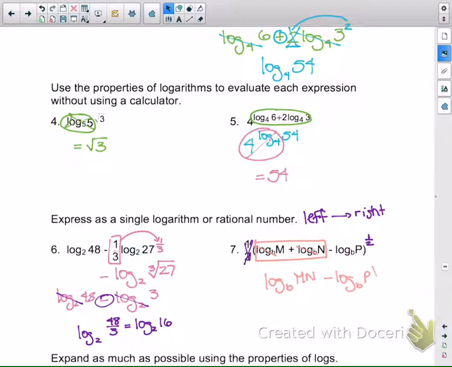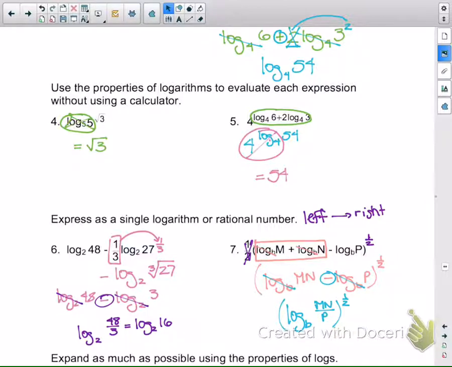And now we're going to keep going left to right. So now what sign is between these two logs? A subtraction. So when I condense this to 1 log base b, what do I do with the parts of these? Divide. So what's that going to make this? mn over p. We still have a 1/2 out here, which we can leave.